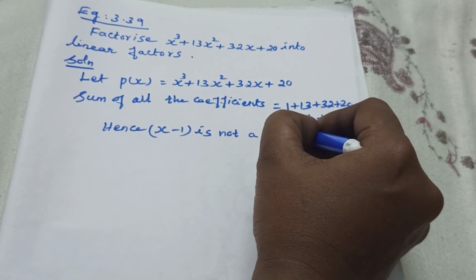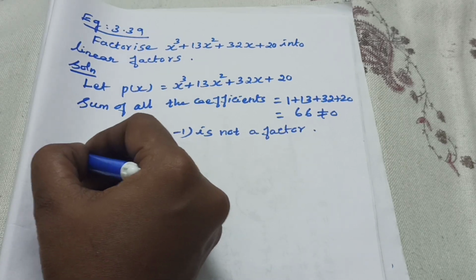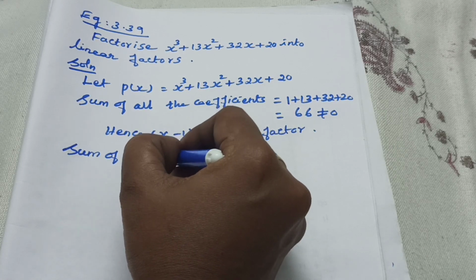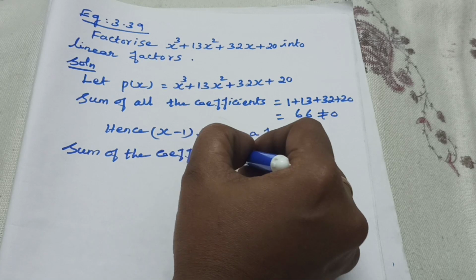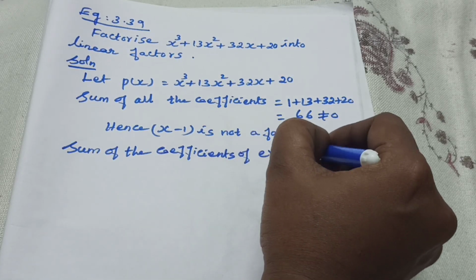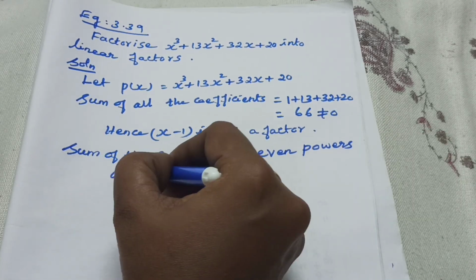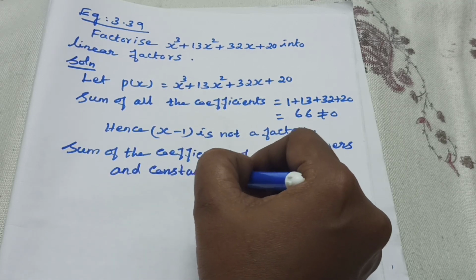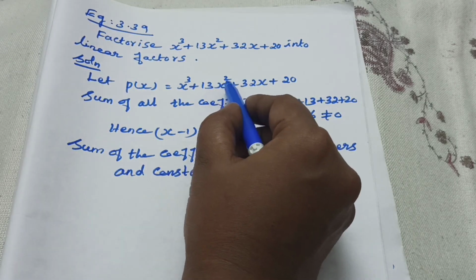So we have to check the next condition. The sum of the coefficients of even powers and the constant term is equal to, which is the even power, x square, isn't it?